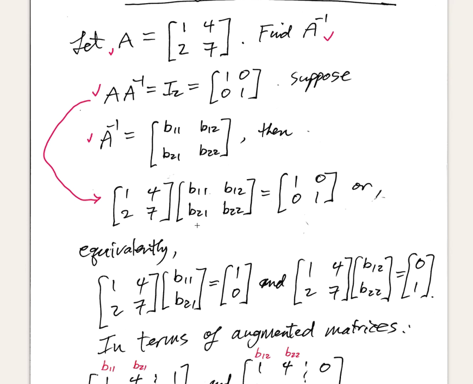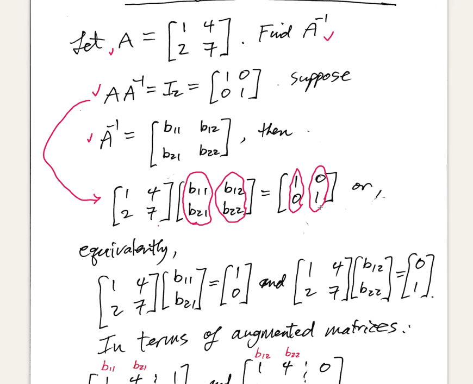Now, if you think about how you multiply matrices, take the matrix on the right, and the column on the left in that matrix times the matrix should give you the left column of the product. And the second column times the matrix on the left should give you the second, or rightmost, column of your product.